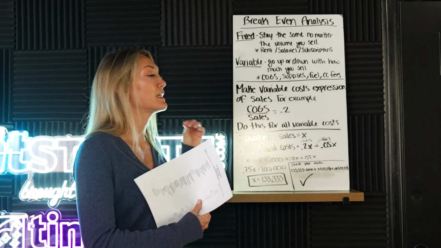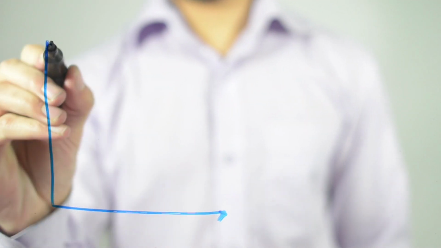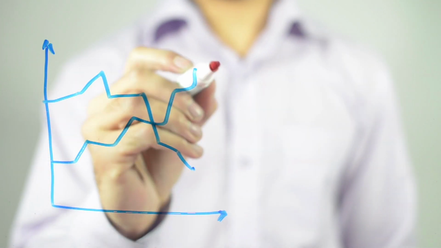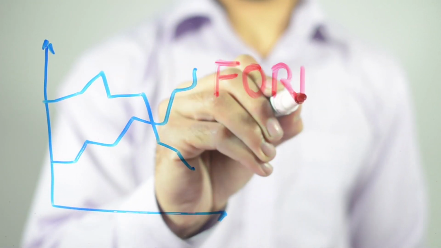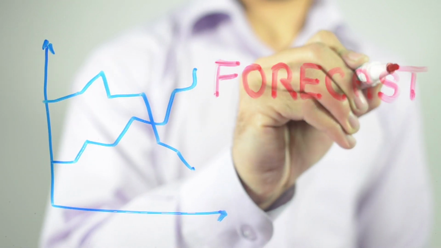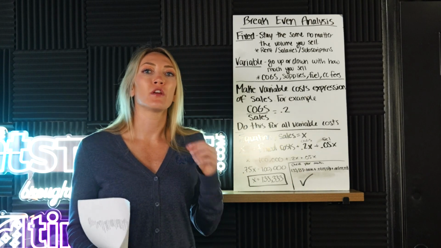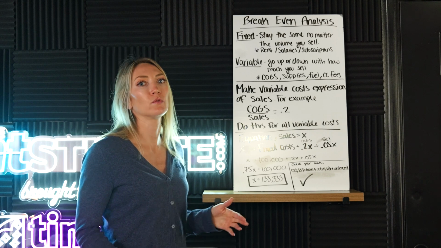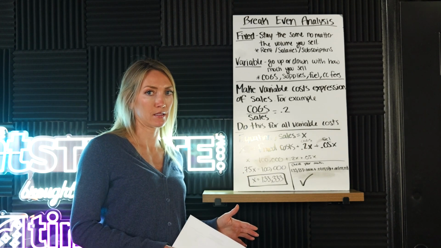You can plug this into the equation and you can forecast how much your sales need to be to break even. Of course, we always want to go past the break even and into the green zone, but this is a great jumping off point to forecast what you need to do to be able to cover your expenses.